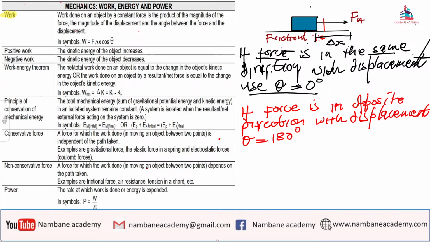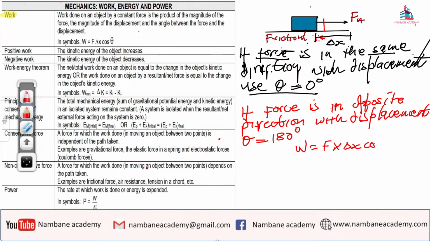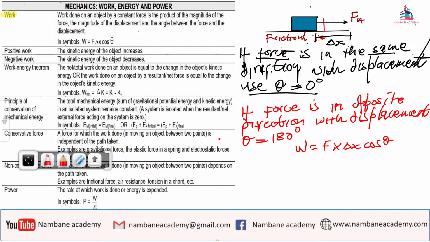Now, I am also going to be explaining that from the equation, which is W equals F multiplied by delta x cos theta. I know some textbooks and some people out there will say the angle you can use depends on the information that is given.